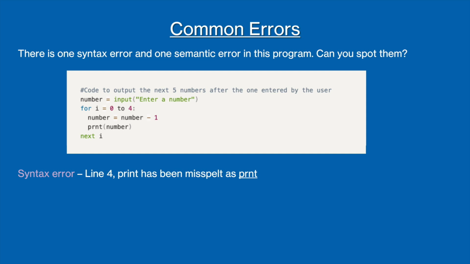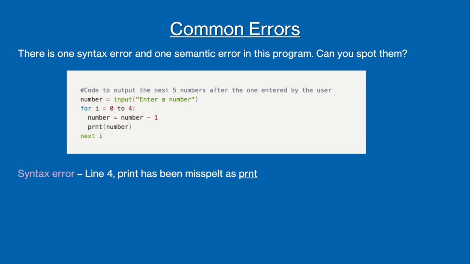For the logical error, we are looking for something that causes the program to run incorrectly, or not as we intended. If we look back at the comment at the top of the code to see what the code should be doing, we can see that the code is supposed to output the next 5 numbers after the one that is inputted by the user.